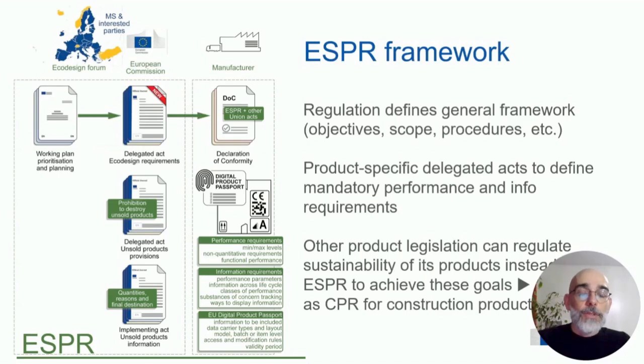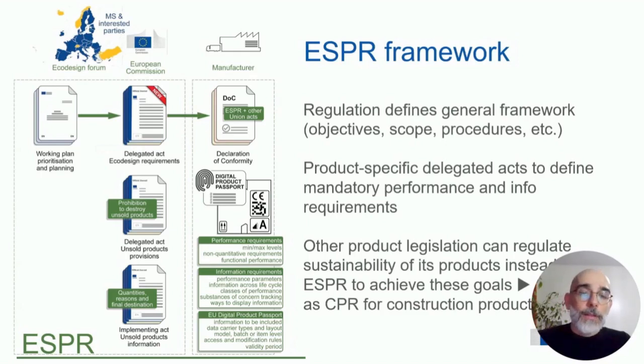This Eco-Design for Sustainable Products Regulation can be implemented to a lot of products, and also some of them may be construction products. The difference between one or the other regulation is not clearly defined in the legal framework because it's expected that both regulations will act as a safety net one of the other.